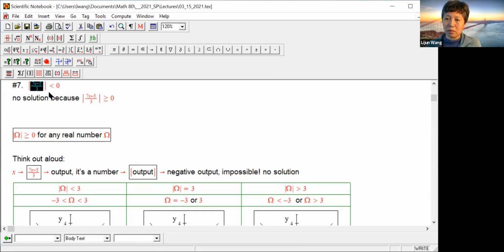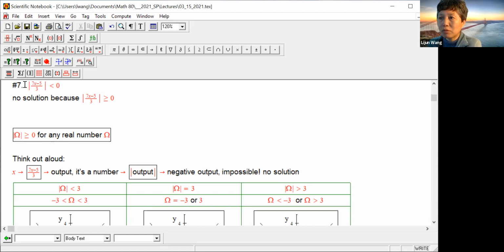What is anything to us? Tell me. It could assume the form of x, it could assume the form of this fraction. That's anything. Do you follow me? The absolute value of anything is always greater than or equal to 0.